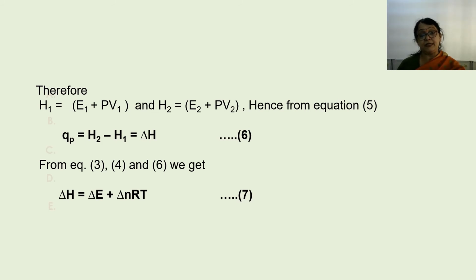So Qp is equal to del H. And if we combine equations 3, 4 and 6, we get the final equation del H is equal to del E plus del n RT, where del H is the change in enthalpy, del E is the change in internal energy, del n is the change in number of moles, R is the gas constant and T is the absolute temperature.